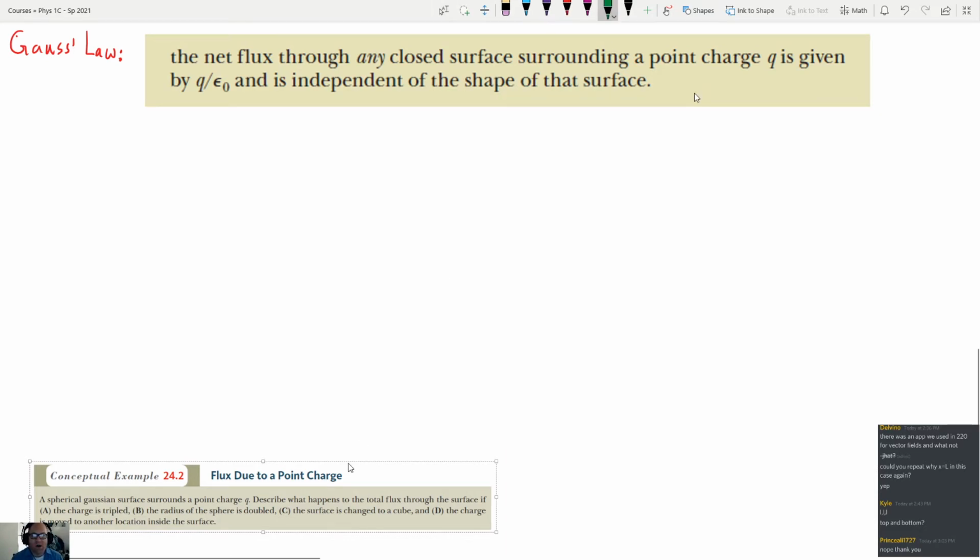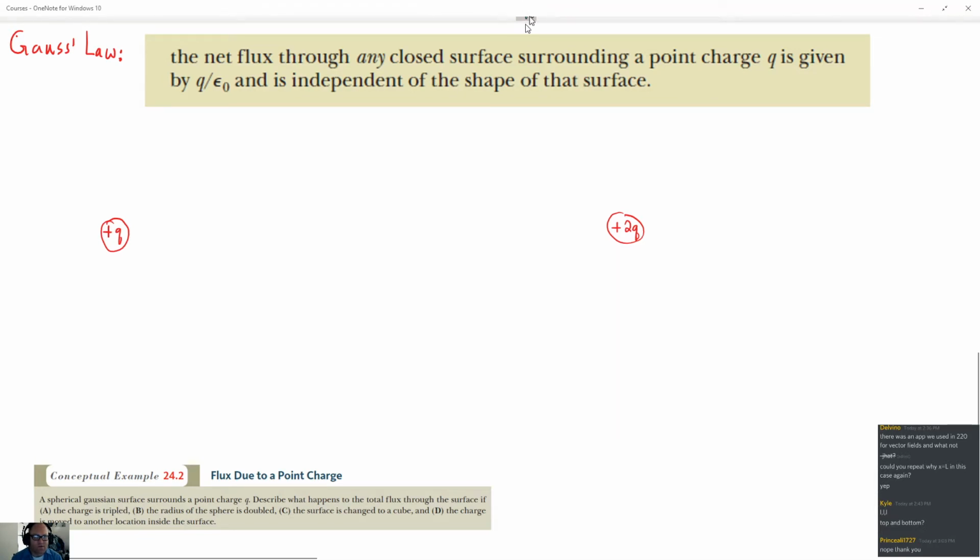If we think about what we've talked about in previous chapters, say I give you two different situations. I have a charge that I call positive Q right here, and over here, in a different region of space not connected to the first one, another charge. If I want to draw field lines for these two objects, the field lines have to be proportional to the size of the charge.